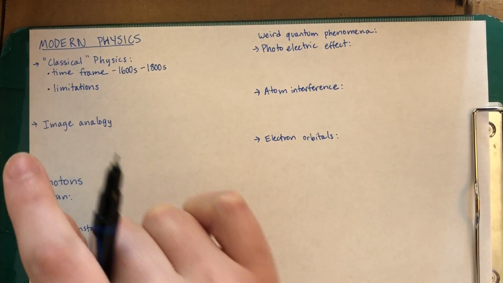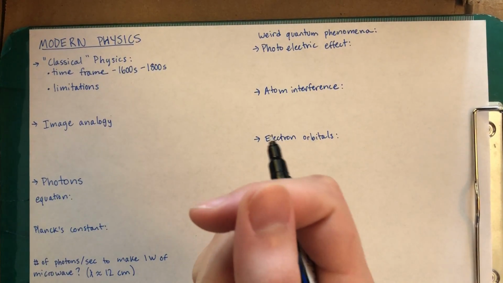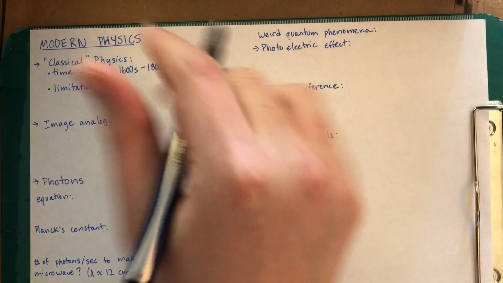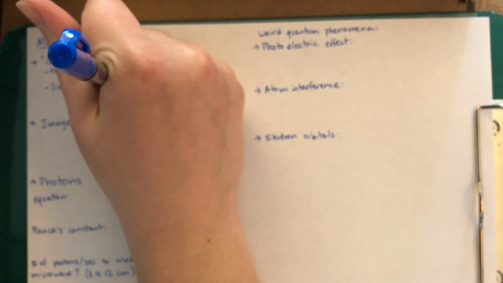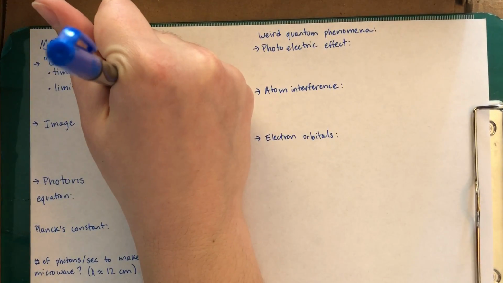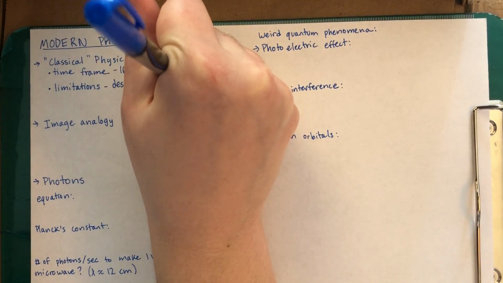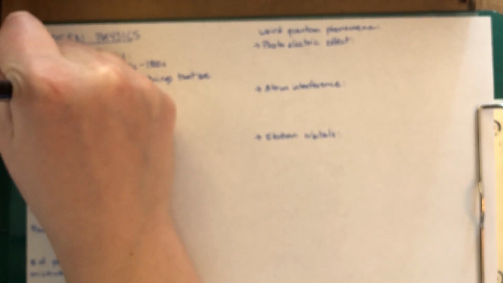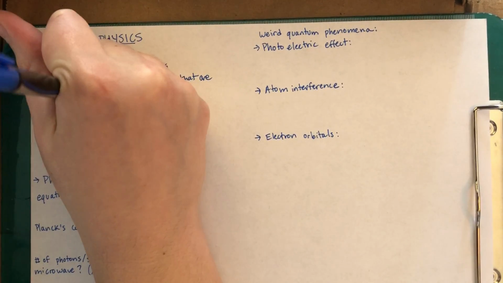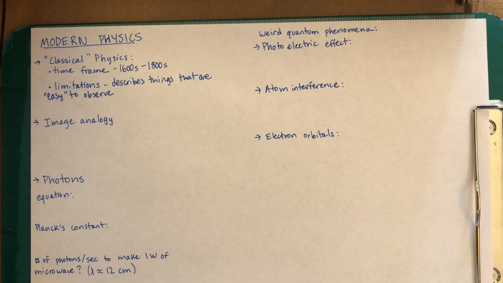So there are some limitations to classical physics, and basically classical physics describes things that are easy for us to observe. So it does a good job at this. So things like friction, or static electricity, or even circuits, we can build a circuit and observe things happening pretty easily.